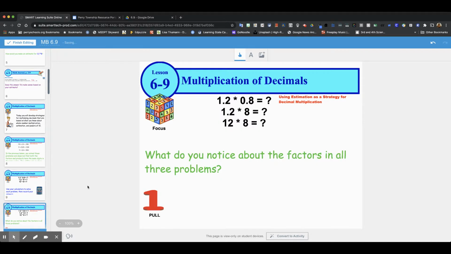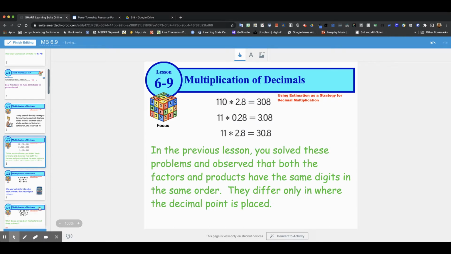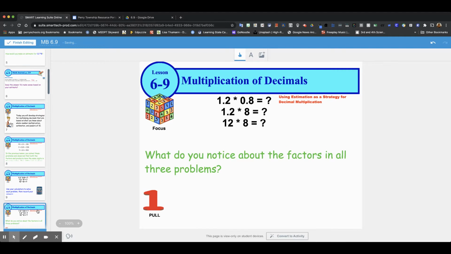What do you notice about the factors in all three of these problems? Hopefully, you're noticing that they do the same thing as we did here. We go 1, 2, 0, 8, 1, 2, 8, 1, 2, 8. The 0 is just missing because it's not needed in the second two.